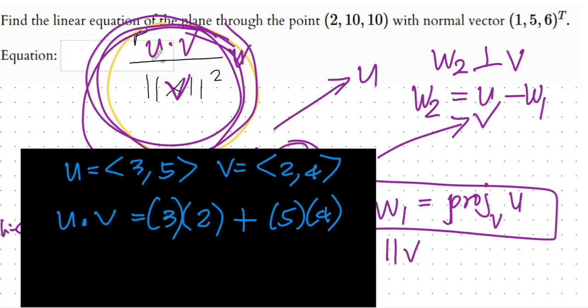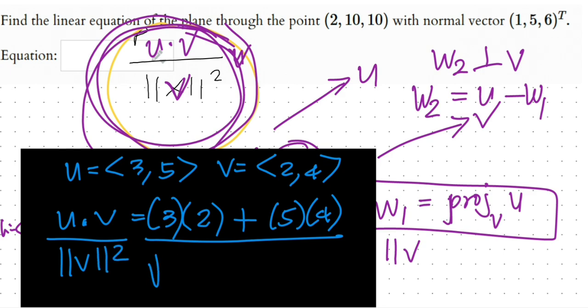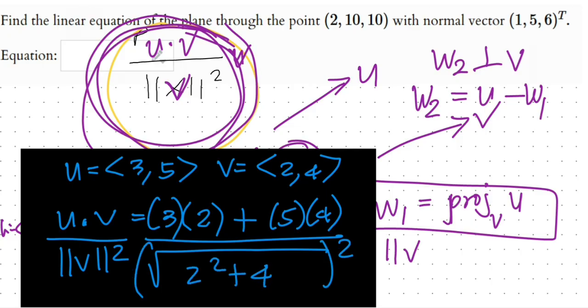And for the magnitude, it is the same as what we did before, square root. That will be all over the square of the magnitude of v. So this would become the square root of 2 squared plus 4 squared, and then times vector v, which is 2, 4.